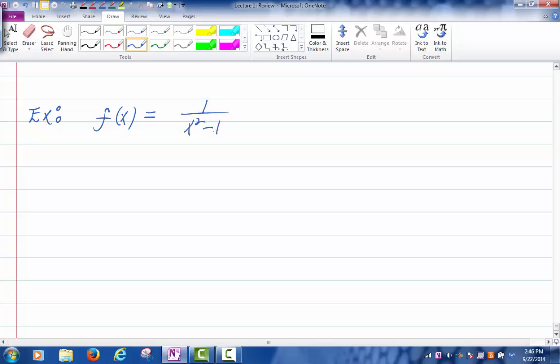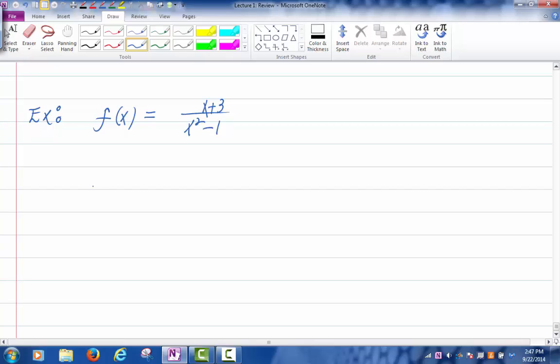That's the function that I have, and I'm asking you, what are the vertical asymptotes? Well, you look for the values of x where the denominator vanishes, and the denominator vanishes in this case when x is plus or minus 1, right?